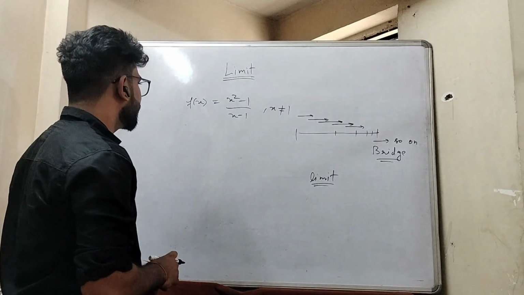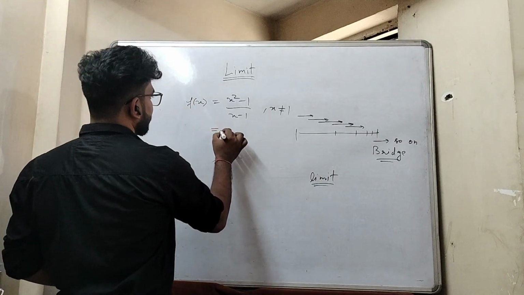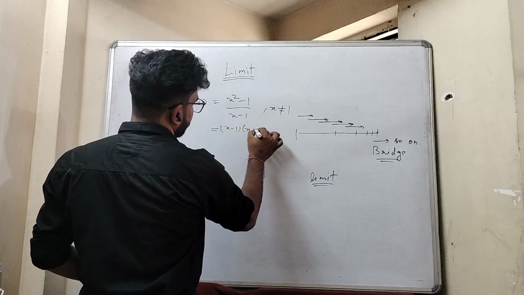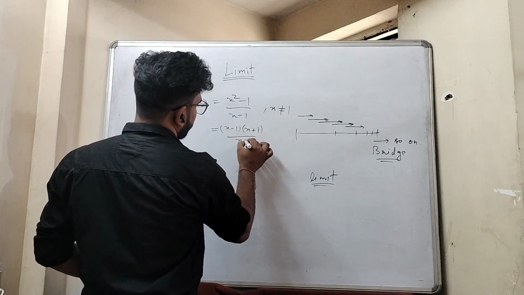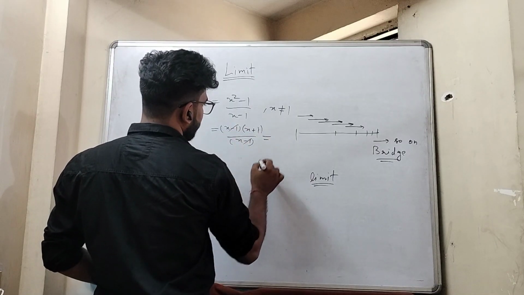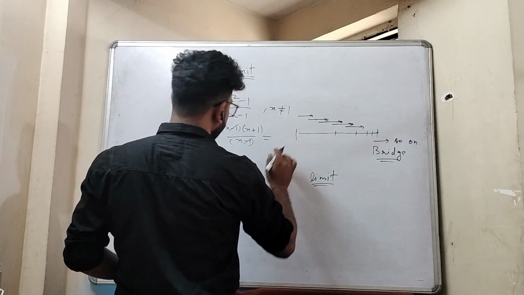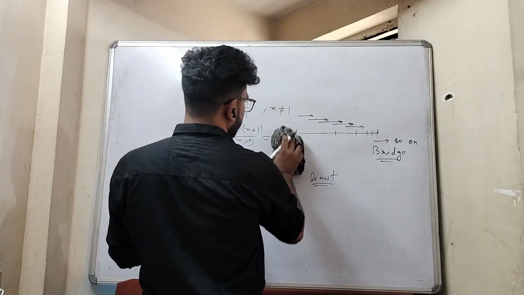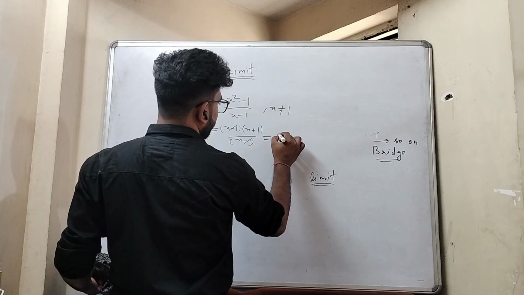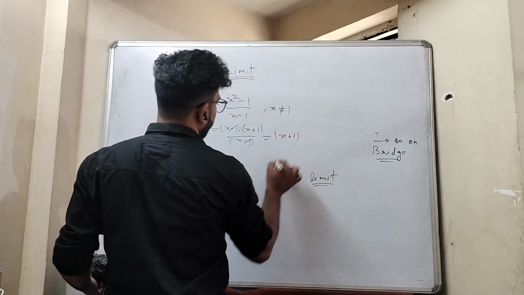This function can be written as x minus 1 into x plus 1 upon x minus 1, and these two terms cancel out, so the function is x plus 1.